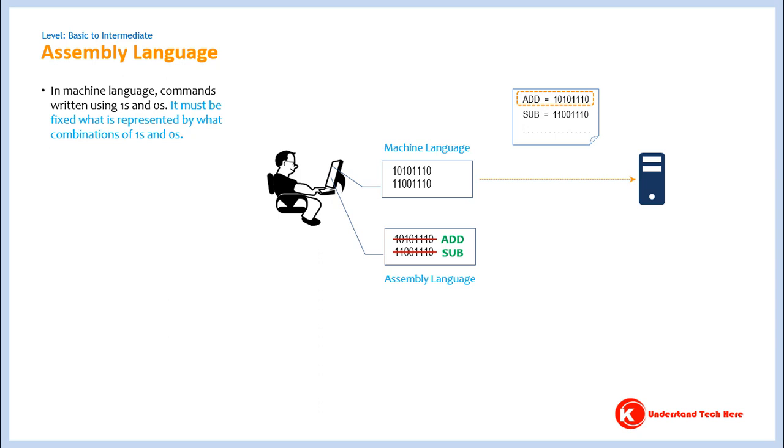Note, a table that lists all commands that can be used and the combination of ones and zeros that represent them is called an instruction set. Now, writing words instead of ones and zeros instantly made writing programs much easier.